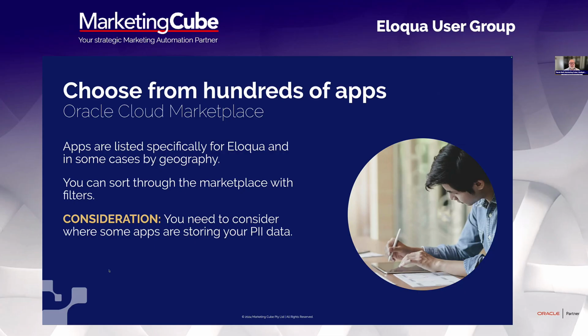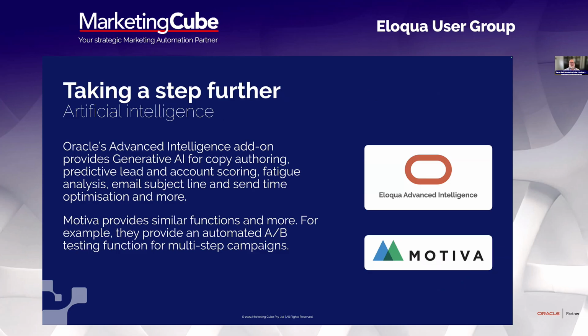The only thing that I would encourage you to consider is understanding where these apps are being hosted, and as a result, where your personally identifiable data is also being stored. It all depends on data sovereignty and what's important to your organization and what your legal counsel is advising. But there are loads of apps to choose from, lots of things to look at.